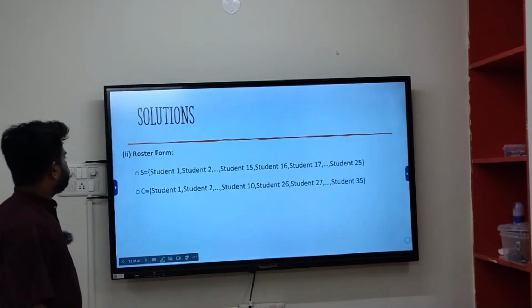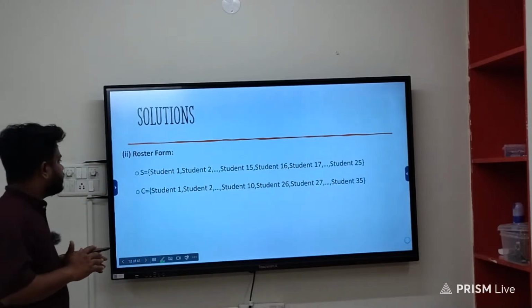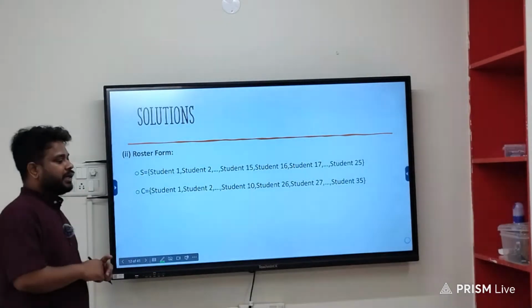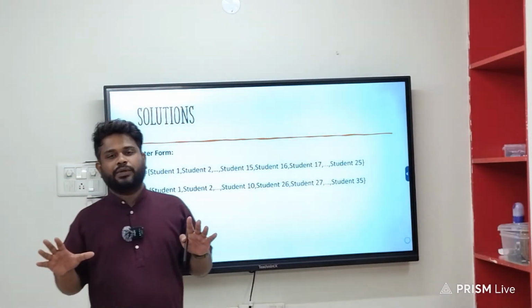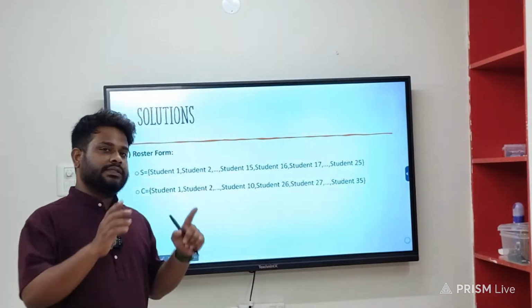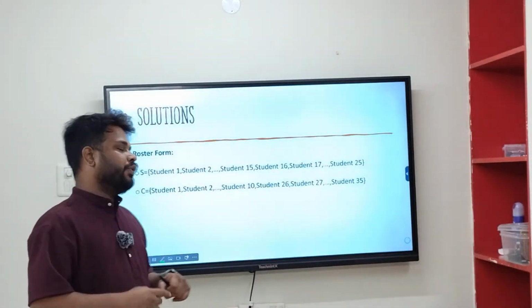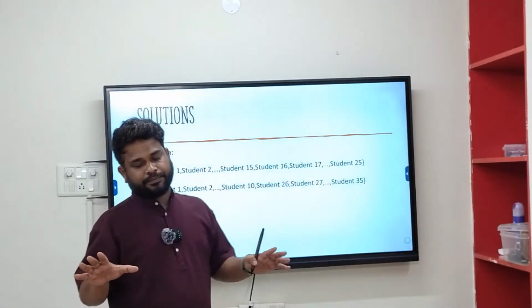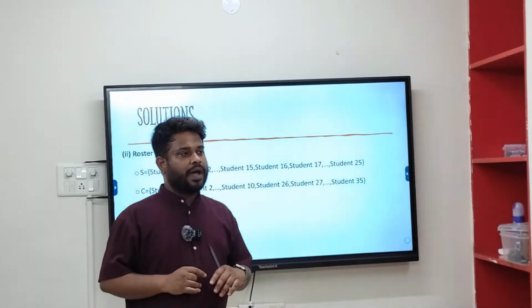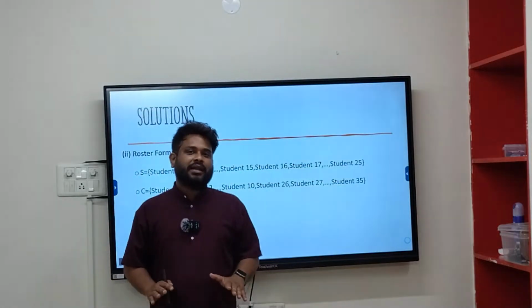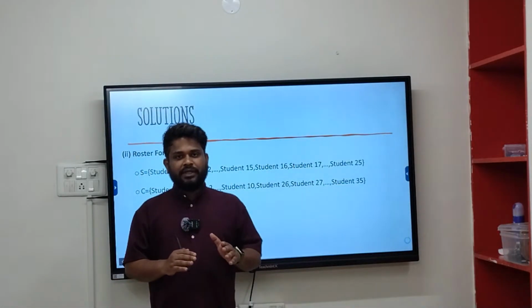The next one, here we are writing this in roster form. Just think in your classroom, there are some students who like football and some students who like cricket. If I want to differentiate these two sets, I can just have you stay in the class and call your names.